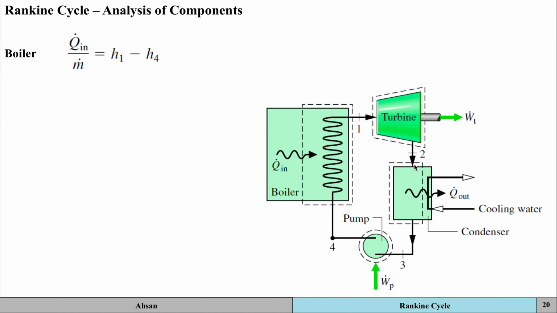Whereas for a pump and a boiler, you're putting work into the system, and that's why you're going to have final minus initial over here. You're putting the heat content into the system, and that's why it's going to be final value minus initial value, which is H1 minus H4.